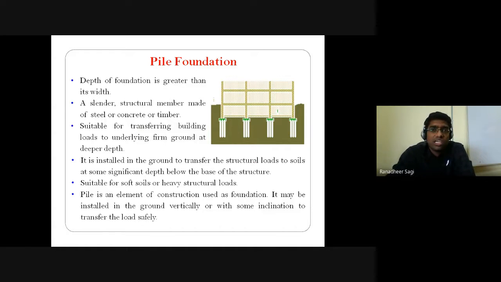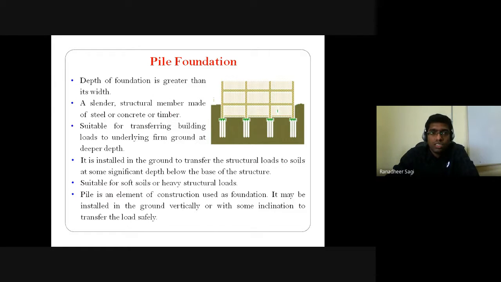Why do we call it a slender structural member? Whenever the L by D ratio of that particular pile is relatively high, where L indicates the length of the pile and D indicates the diameter of the pile. Whenever the L by D ratio of the pile is greater than 10, we call such members slender members.